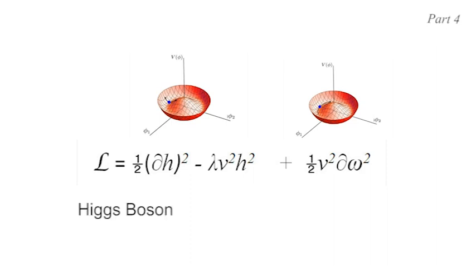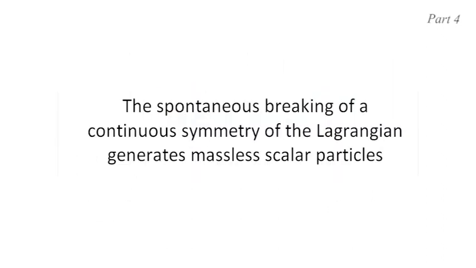We got the expected Higgs boson with mass, but we also got the perhaps unexpected massless Goldstone boson. This, as we said earlier, is an example of the Goldstone theorem, which can be written as: the spontaneous breaking of a continuous symmetry of the Lagrangian generates massless scalar particles.